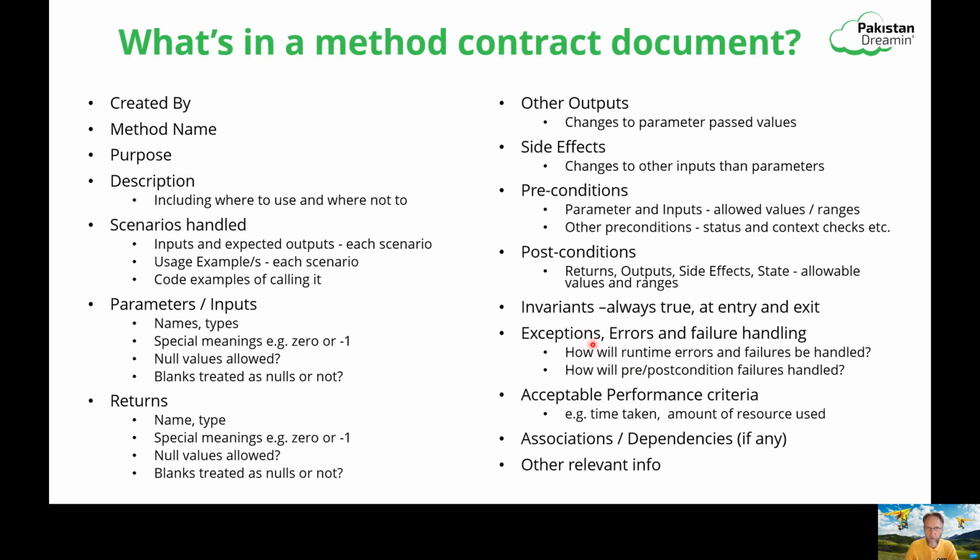That's part of the specification of the contract of the method. You may want to include acceptable performance criteria, because it may be important that the method performs within certain criteria, and that could be part of the contract, part of the specification. For example, time taken or amount of resource used. And also, you may want to document associations, dependencies, if any, and just a placeholder for any other information.